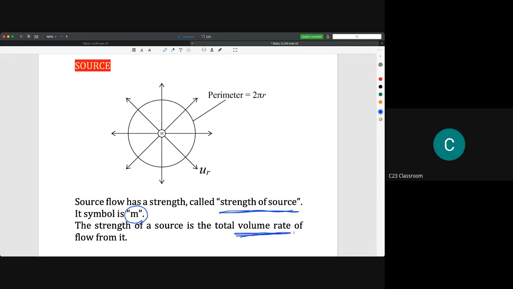I hope you could read again in your textbook, Porter's textbook, because sometimes it uses a different symbol, but it is okay.